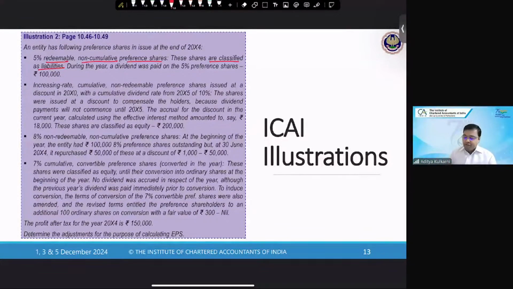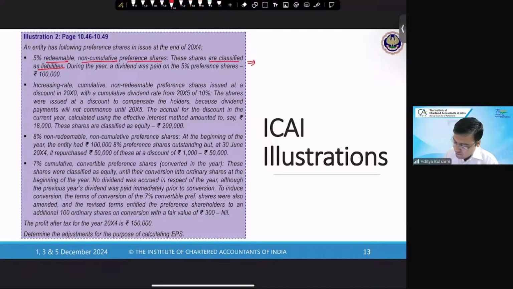See, if it is already classified as a liability, the dividend is nothing but a coupon that you are paying. Actually, the finance cost would already have been recognized in the P&L. Is it okay? Yes, sir.